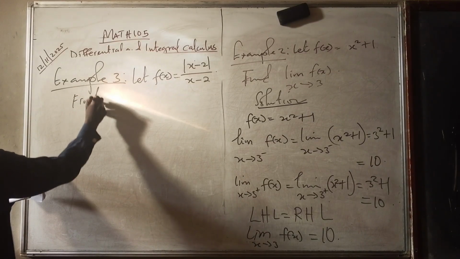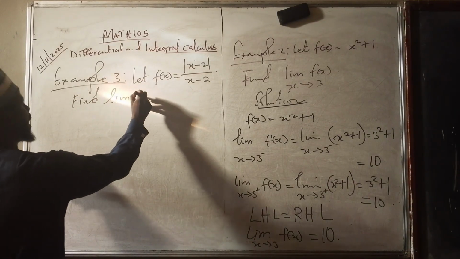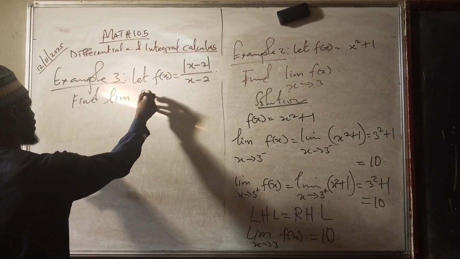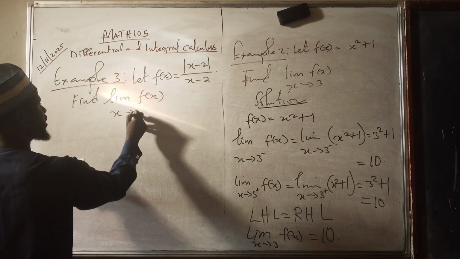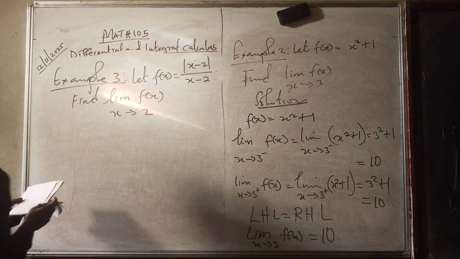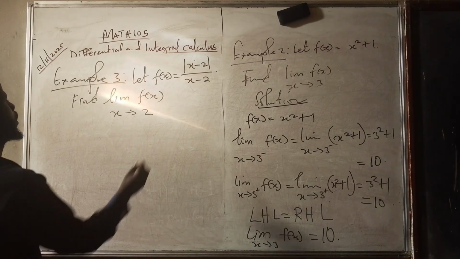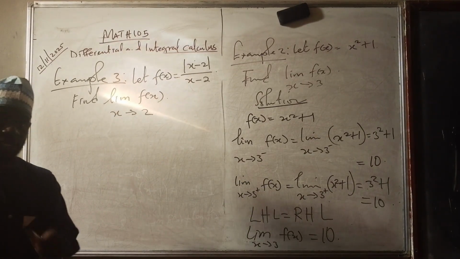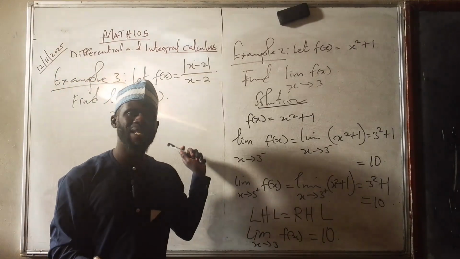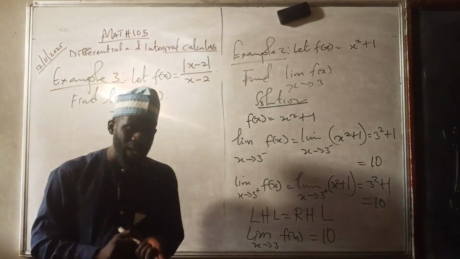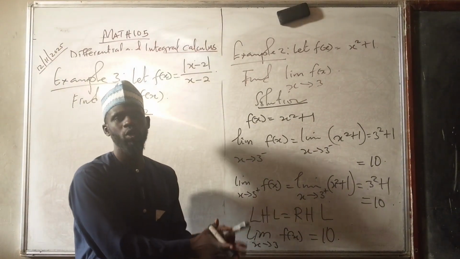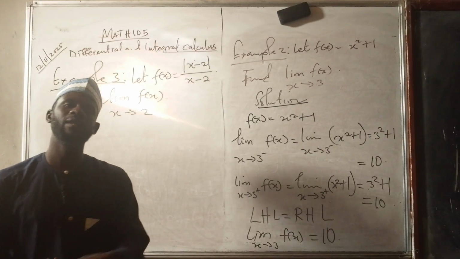We are asked to find the limit of f of x as x tends to 2. For us to find the limit as x tends to 2, we should find the left-hand limit at 2, then we should also find the right-hand limit at 2.